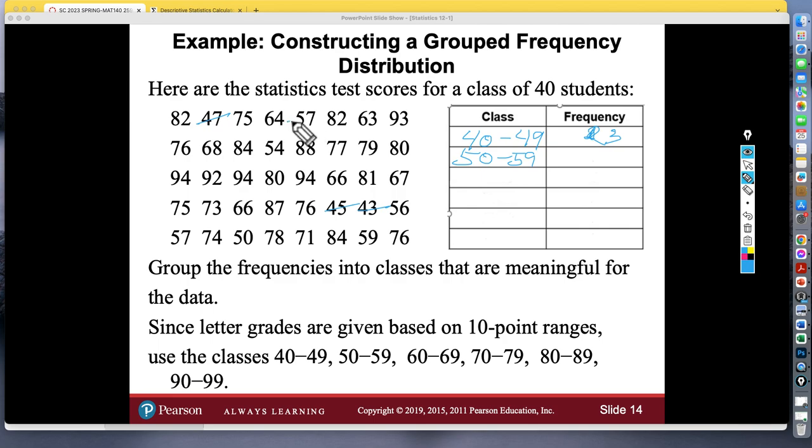Those that are in the 50s. So I got 1, 2, 3, 4, 5, 6. Okay, so you see how the process is if you need to make a frequency table. It's just tedious finding those and easy to make a mistake.